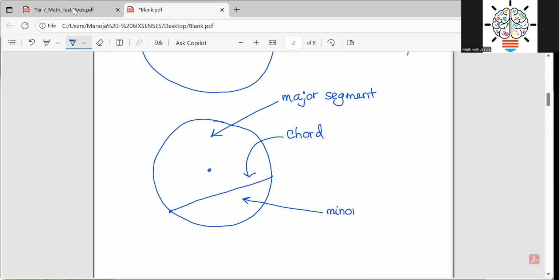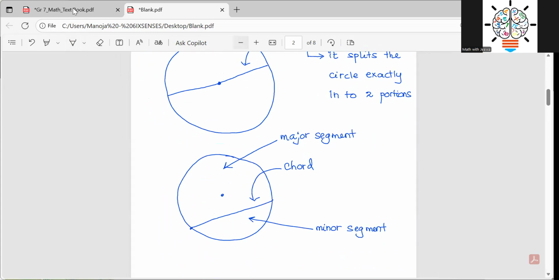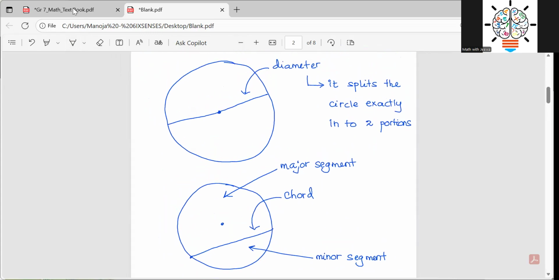Okay, minor segment. So what I wanted to explain here is that the diameter exactly splits the circle into 2 equal portions, but the chord doesn't do that. It divides, but not into 2 equal portions.